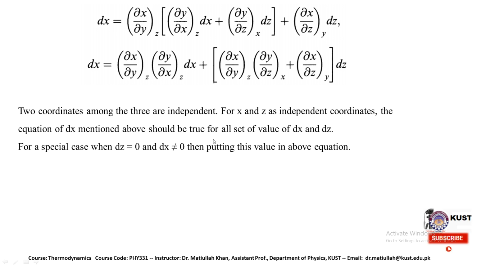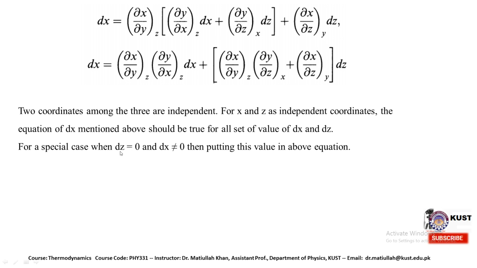Here in this equation we have two variables that describe the change. One is dx and the second one is dz, because we have eliminated the value dy. So two among the three variables are independent, while the third one is dependent. So we consider different case studies.